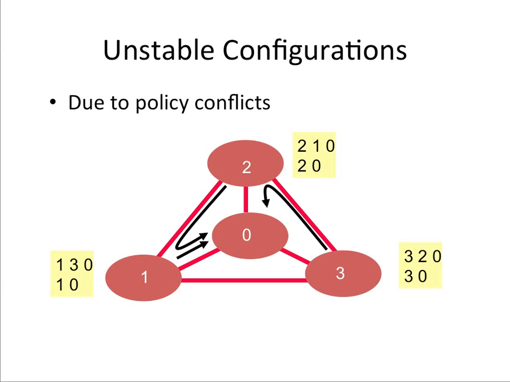Yeah. So when 3 receives the advertisement that 2, 0 is no longer available, the route that's available through 2 is actually 2, 1, 0. 3 says, well, my preference says I highly prefer 3, 2, 0, but it seems like that's not going to be available anymore because 2, 0 is gone. So what's the next route? 3, 0.